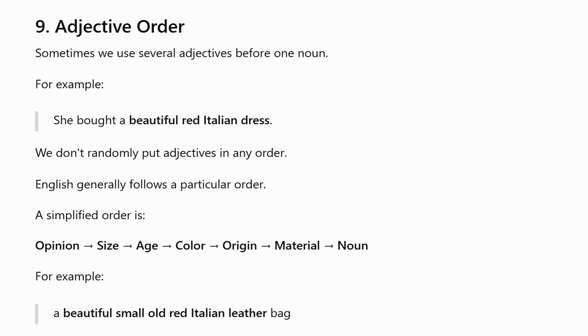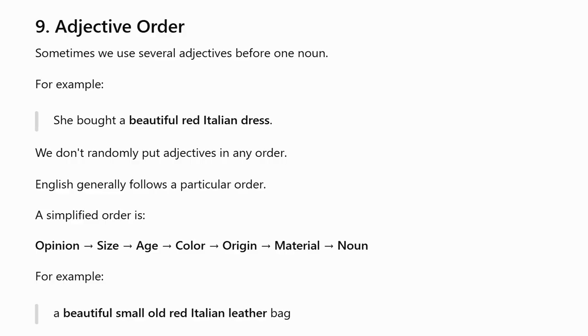Adjective order. Sometimes we use several adjectives before one noun. For example, she bought a beautiful red Italian dress. We don't randomly put adjectives in any order. English generally follows a particular order.